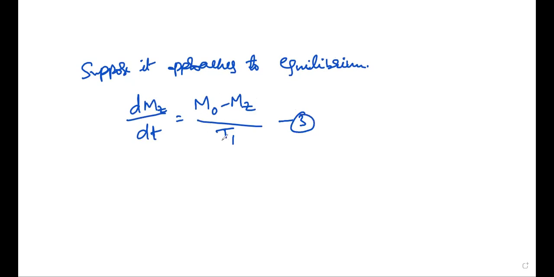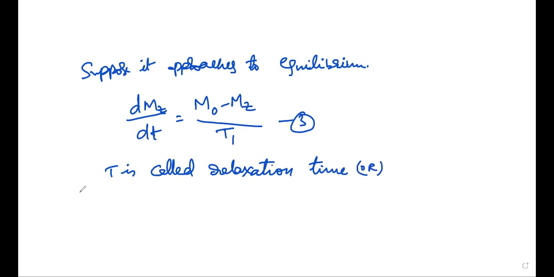Here T1 is called the relaxation time, or the spin lattice relaxation time.